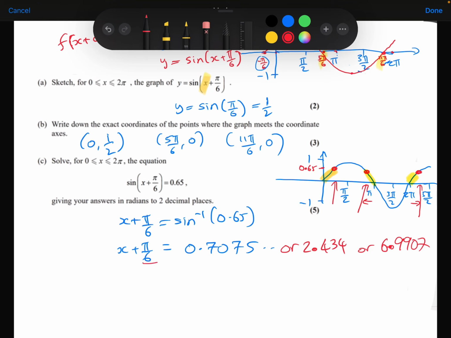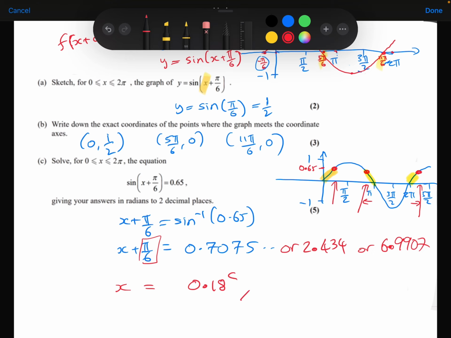Now we are going to subtract the pi over 6 from each of these answers. So when we do that, the 0.7075 minus pi over 6, we get 0.18 to 2 decimal places.